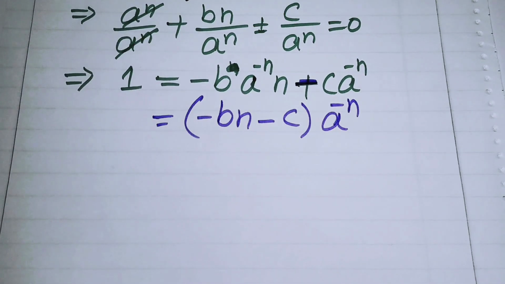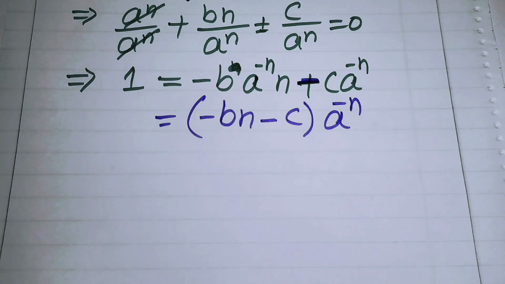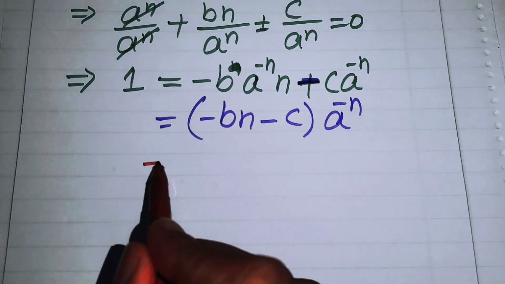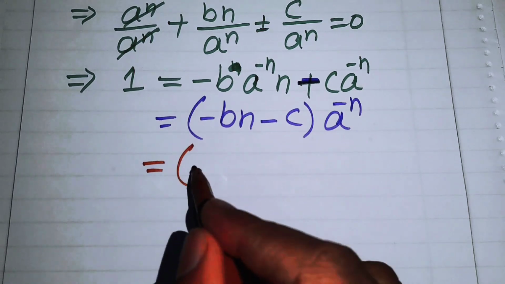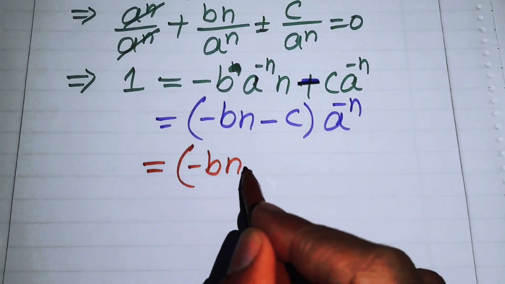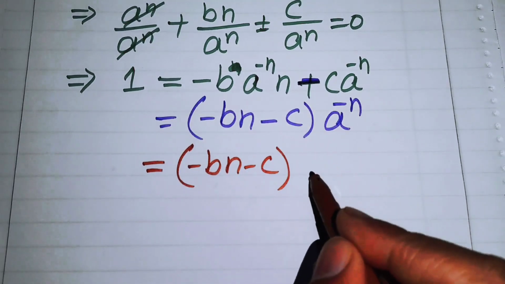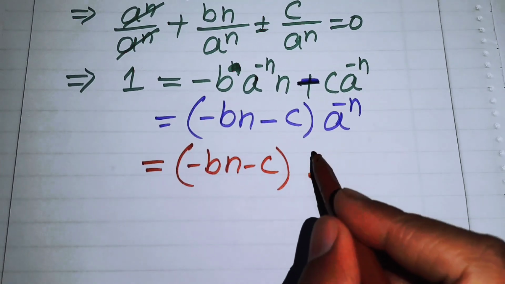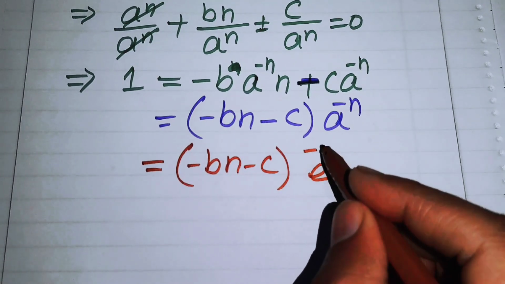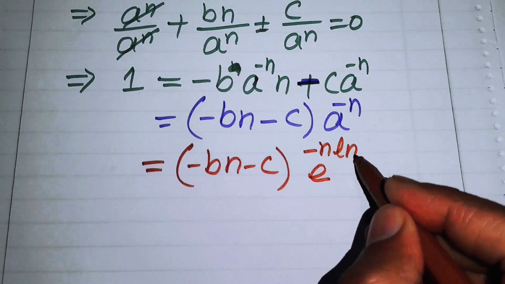And in the next step we will just rewrite our right hand side in this form. Here you see that we have a to the power of minus n, and we convert this into the logarithmic form. So we write here e to the power of minus n times log a.